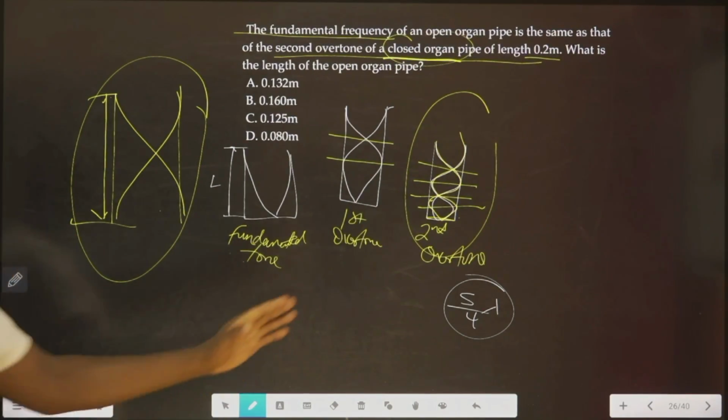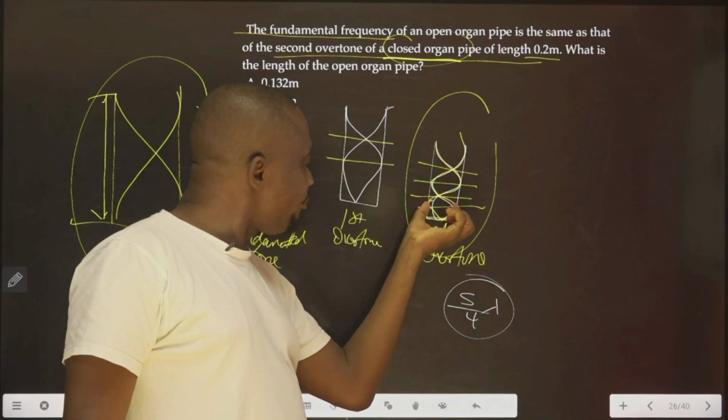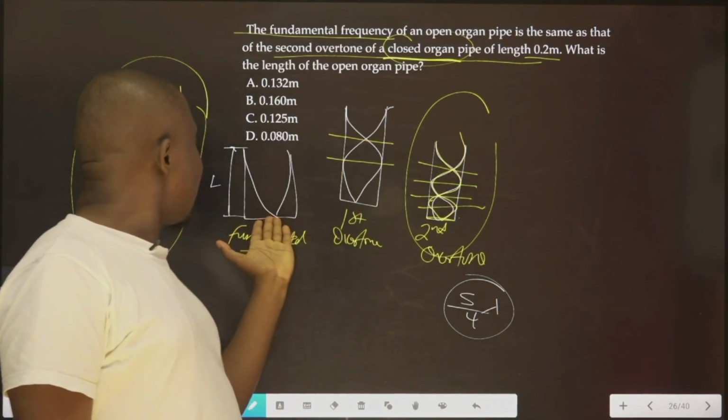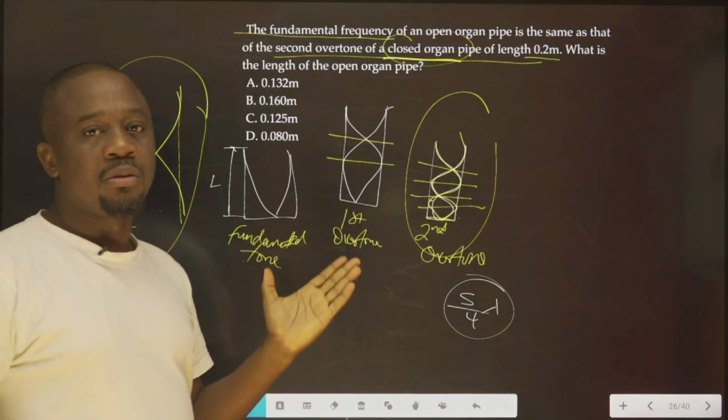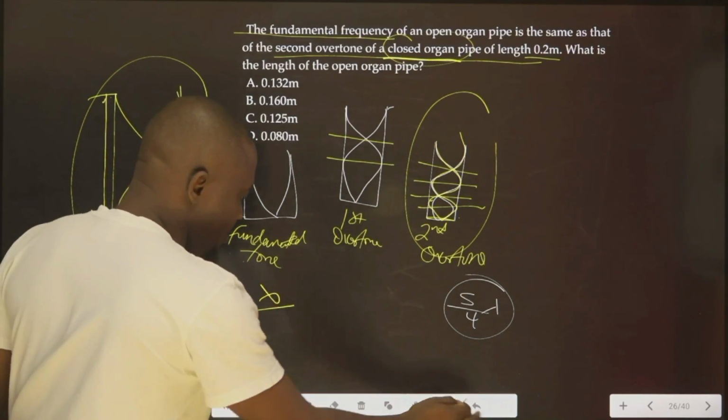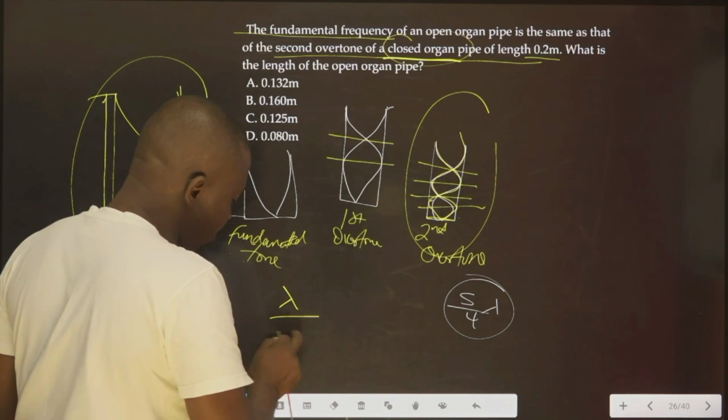Okay? That's how to calculate it. 1, 2, 3, 4, 5/4. If it was only this now, this is simply 1. That is this over 4.